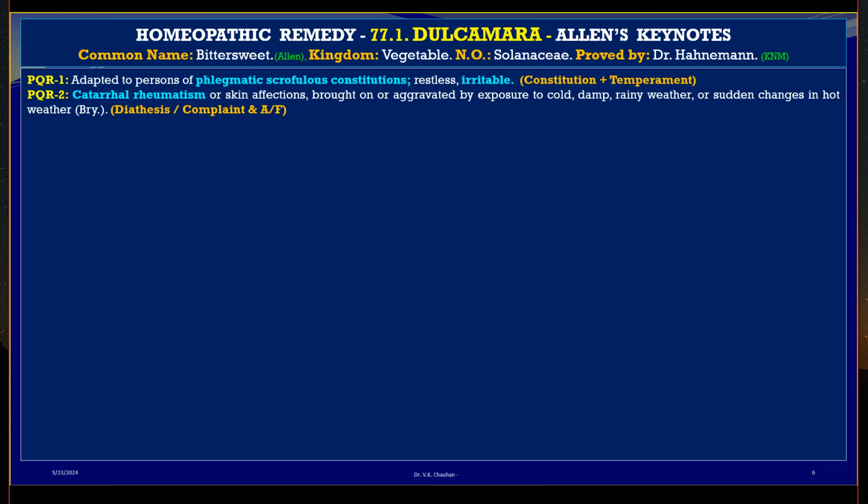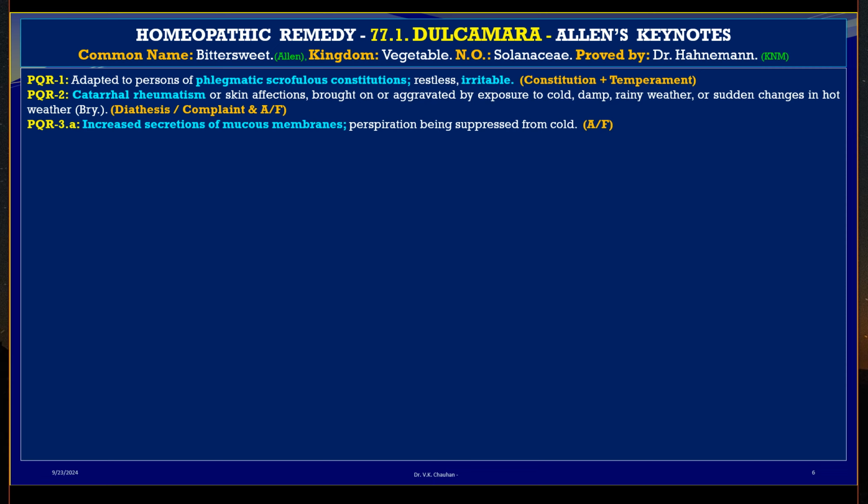So it tells us the sphere of action of this remedy is on catarrhal rheumatism, like sinusitis, which is brought on by exposure to cold, skin affections, all skin eruptions or cutaneous symptoms or skeletal symptoms which are brought on by exposure to cold, rainy weather. So this is the diathesis, and it tells us about the complaints. There are 2 heads of complaint, catarrhal rheumatism and skin affections.